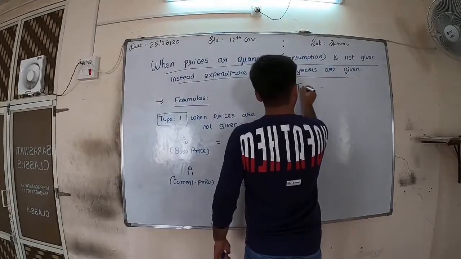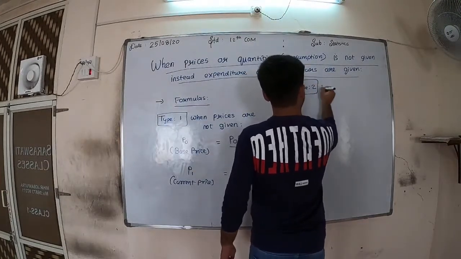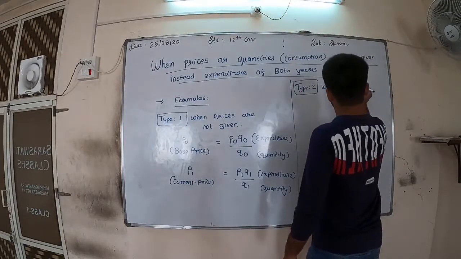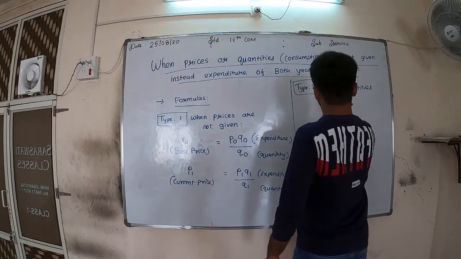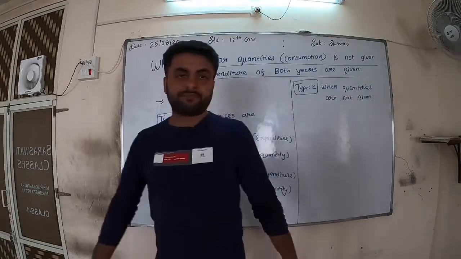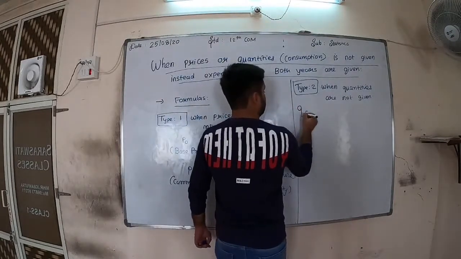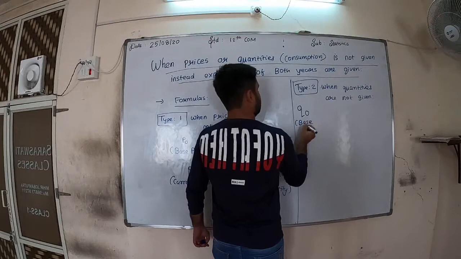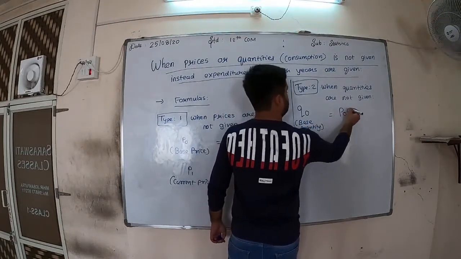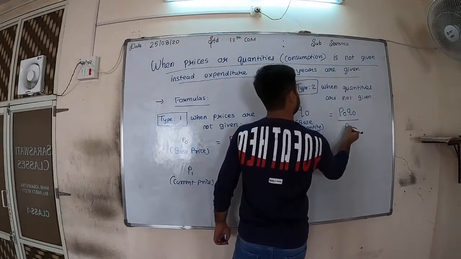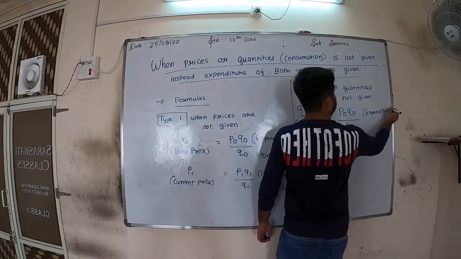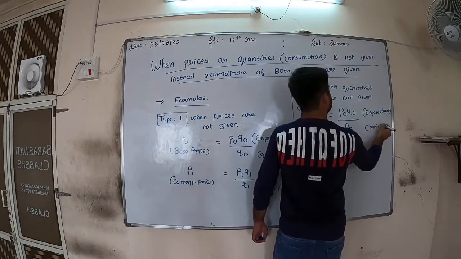And type 2. When quantities are not given, so Q0, base quantity, is equal to P0 Q0 divided by P0, expenditure divided by price.